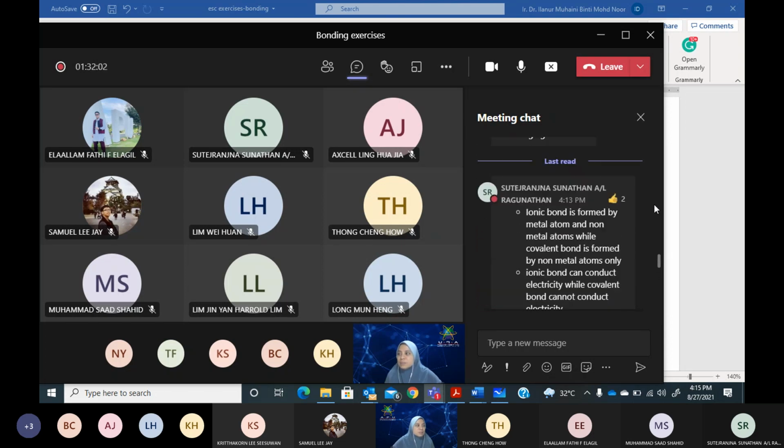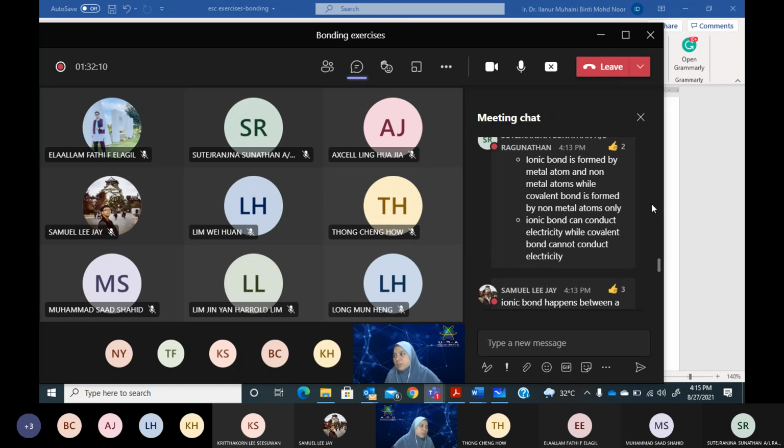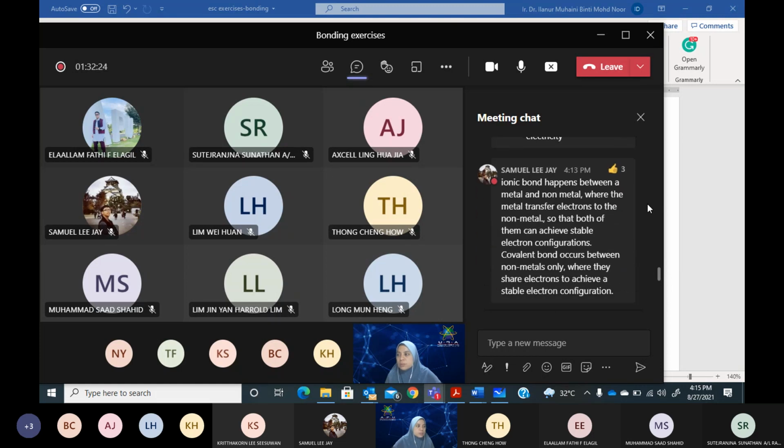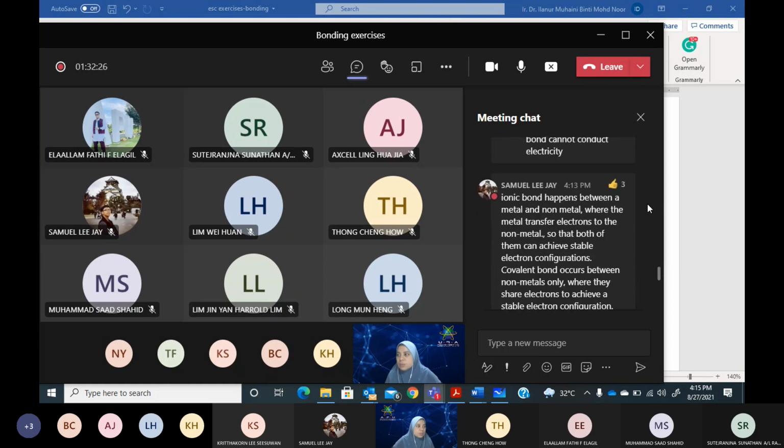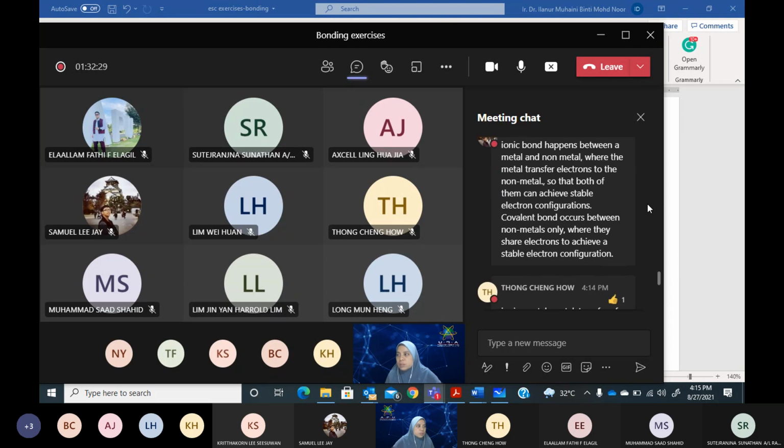Okay, wait. See the answer from Sutiranja. Ionic bond is formed by metal atom and non-metal atom, while covalent bond is formed by non-metal atom only. Ionic bond can conduct electricity, while covalent bond cannot. Same answer: ionic bond happens between metal and non-metal, where the metal transfers electrons to the non-metal, so that both of them can achieve a stable electron configuration.